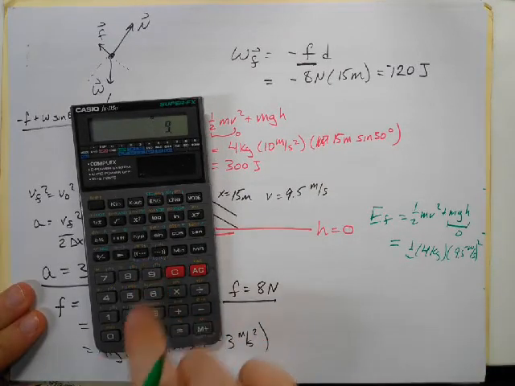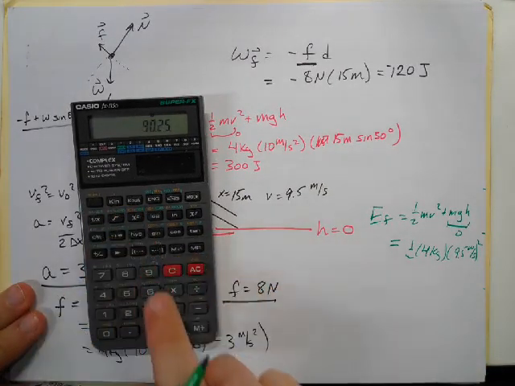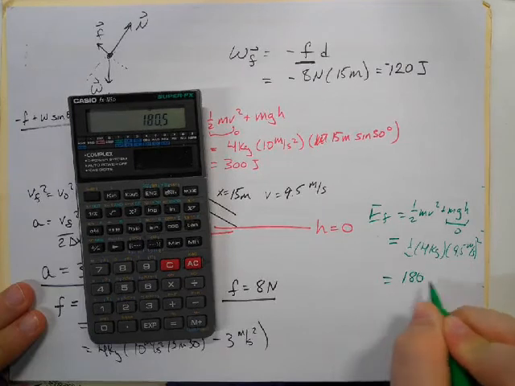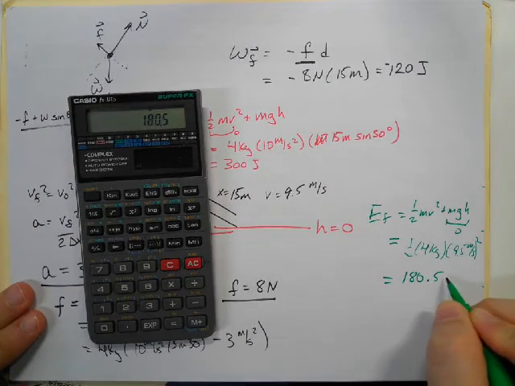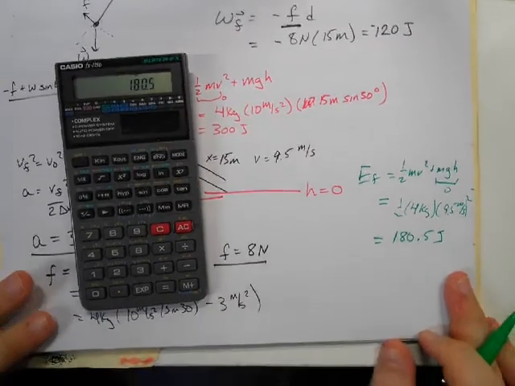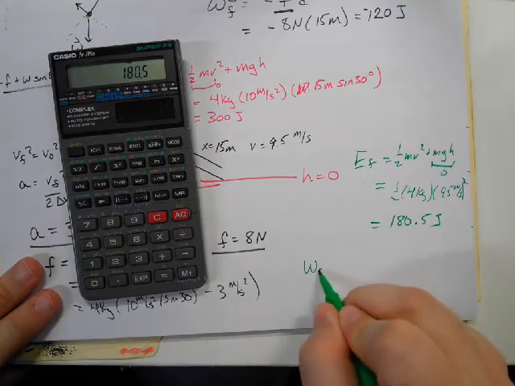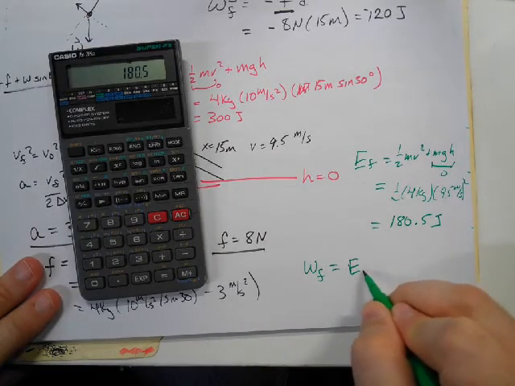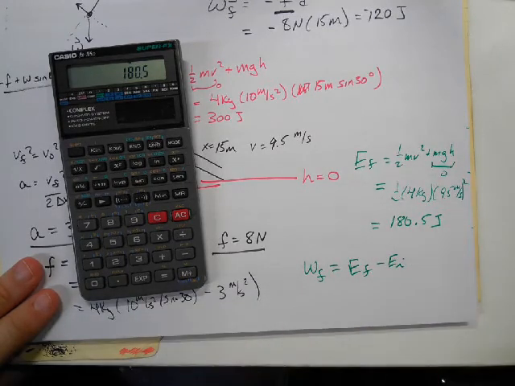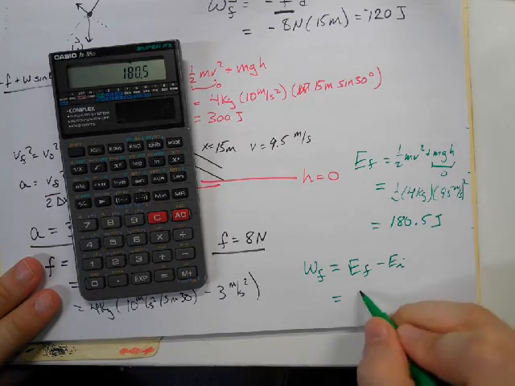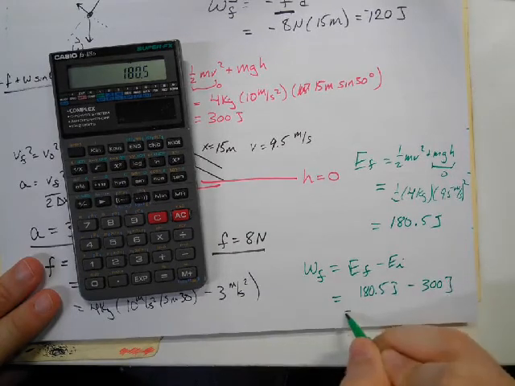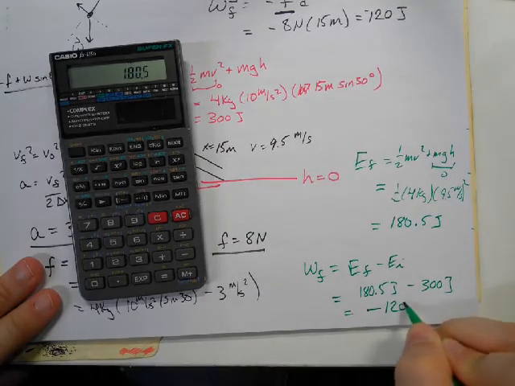All right, so 9.5 squared times 2 is 180.5 joules. So now we can say that the work that the frictional force does is E final minus E initial, assuming there's no air resistance or any other external forces. Well, this is 180.5 joules minus 300 joules, which is minus 120 joules.